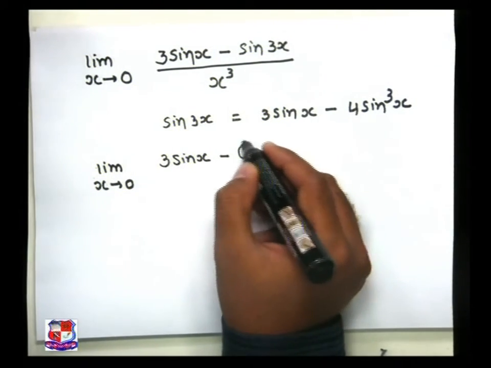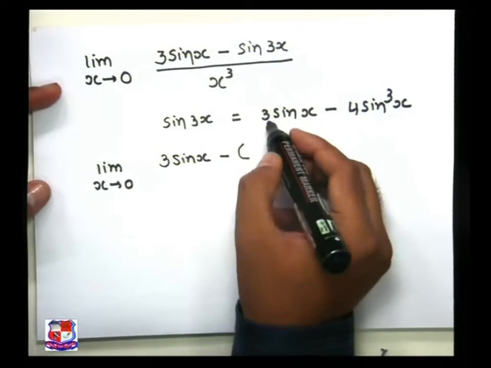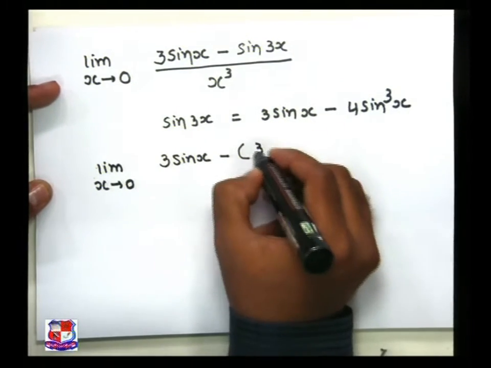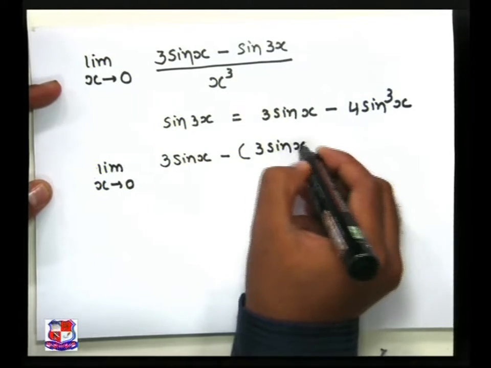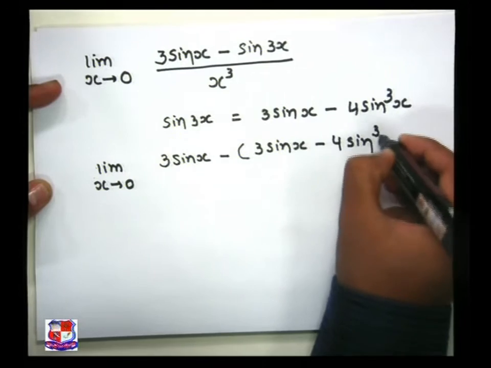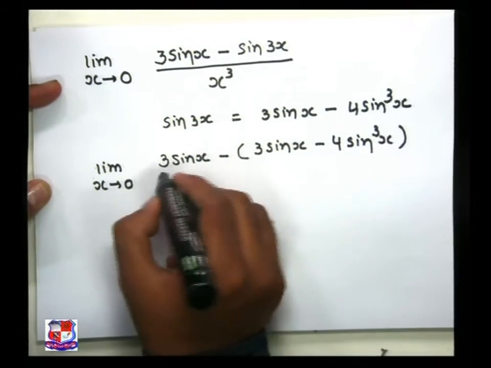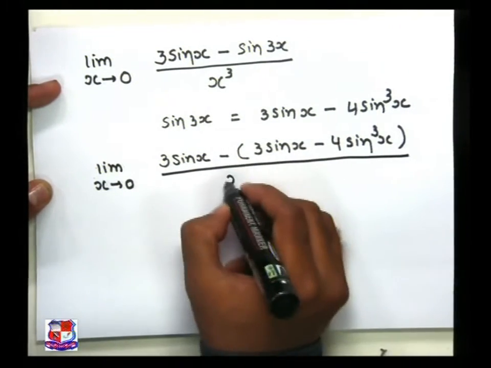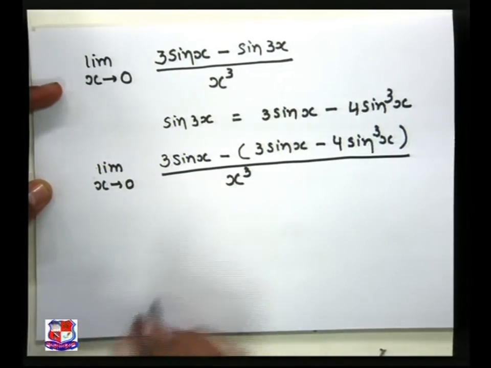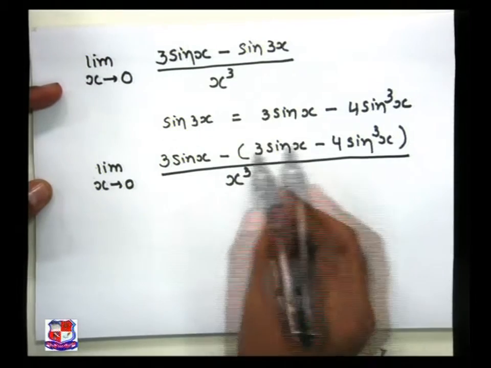If we use the bracket, then we remember this minus sign applies to the whole bracket. So that is 3 sin x minus 4 sin cube x divided by x cube.